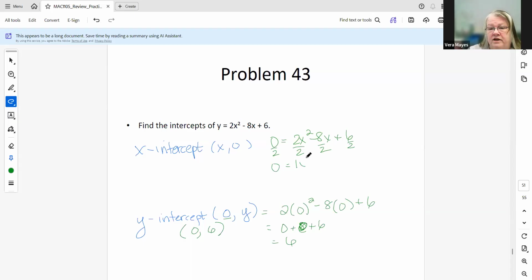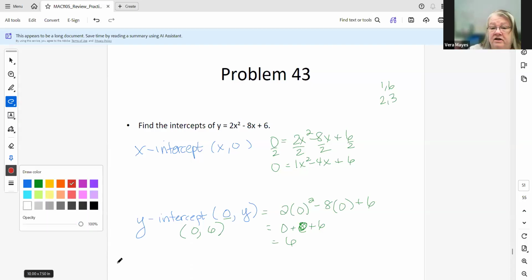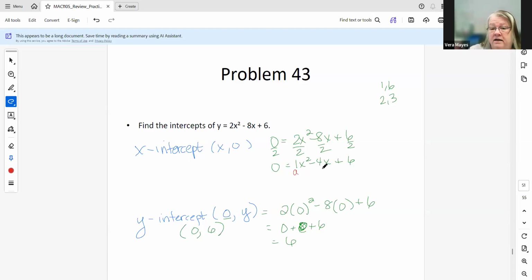So that gives me 1x squared minus 4x plus 6. Factors of 6 are 1 and 6 and 2 and 3. None of those add up to 4. So I can use the quadratic formula, or I can use completing the square. It doesn't really matter. We haven't done a lot of quadratic formula, so let's do that. So here's my a, here's my b, here's my c. Let's plug it into our formula.